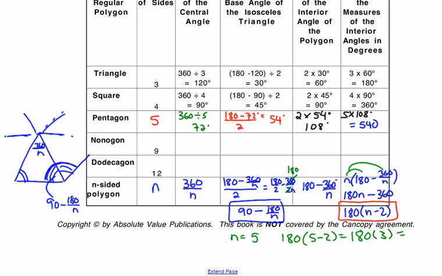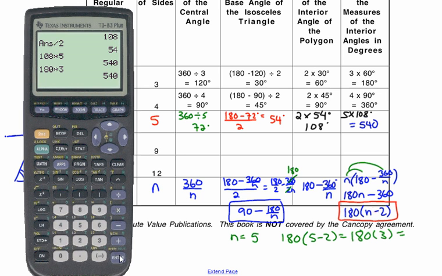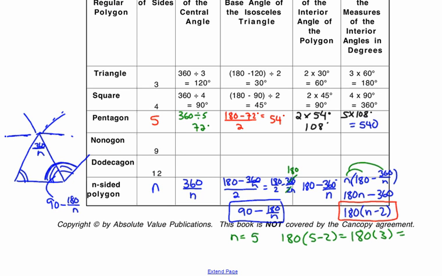If you grab your calculator, 180 times 3 gives you 540, which is what we had before. And so that is, I believe, on your formula sheet, but you also should know it, that the total angles in any n-sided shape is 180 times n minus 2. So a triangle was 180 times 3 minus 2, or 180 times 1, which is 180.